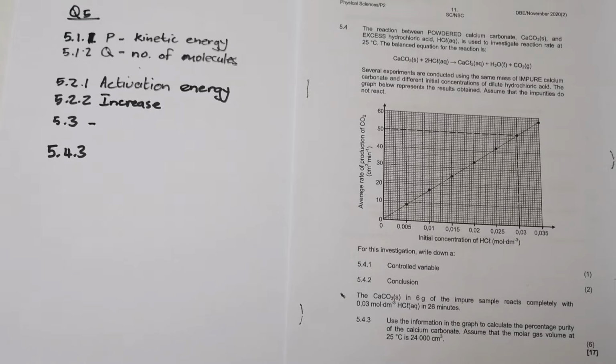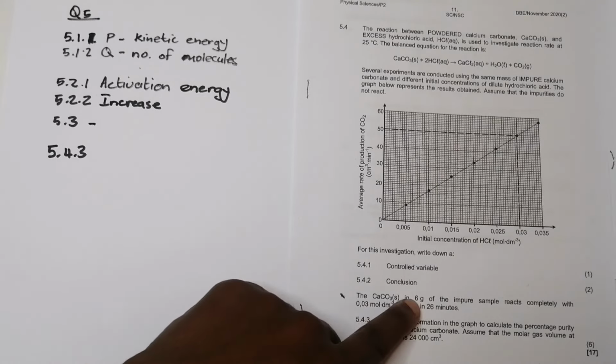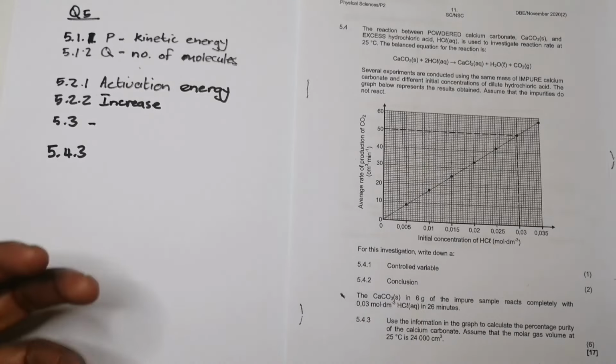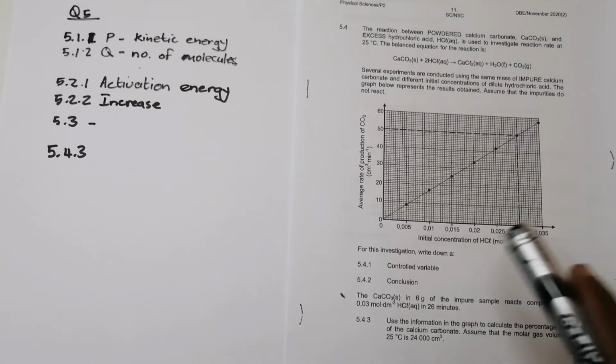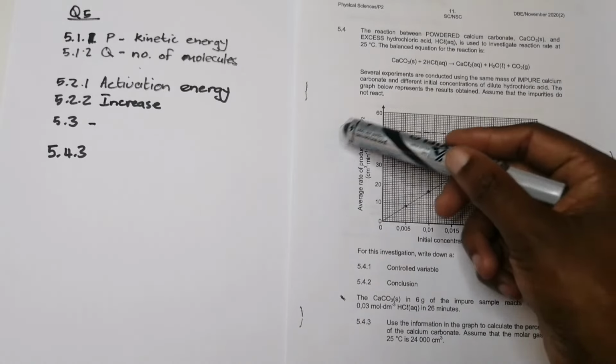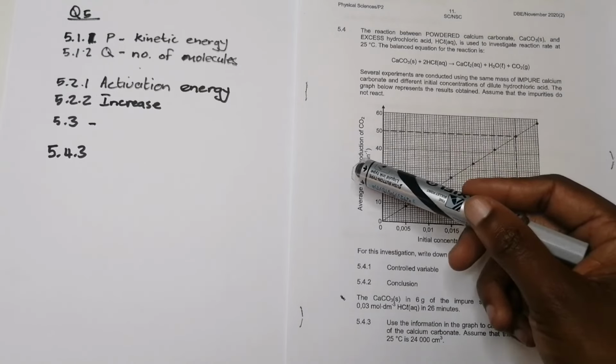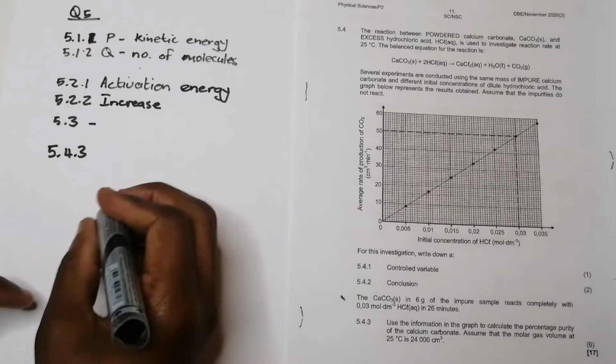Now, let's start here. What are we looking for? We want to calculate the percentage purity. So I must find out of this 6 grams how much was actually pure calcium carbonate. Keep that in mind. What do we have here? We have information about calcium carbonate, so I'm going to use rate of reaction.